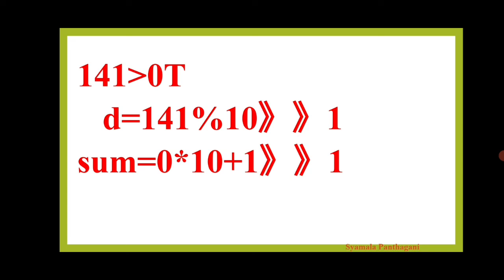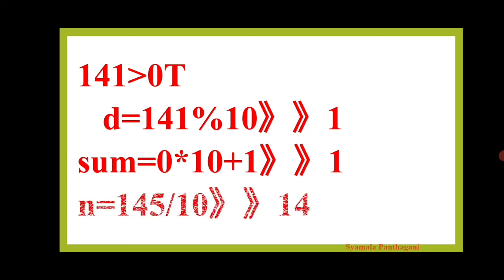The final value of sum is 1 and n is equal to n by 10. Instead of 141, here 145 is there. Rectify this one. 141 by 10 means here we are taking the quotient, that is 14. The new value of sum is 1 and the new value of n is 14. With these new values, we are going to the next iteration.